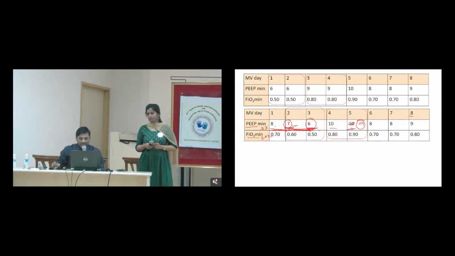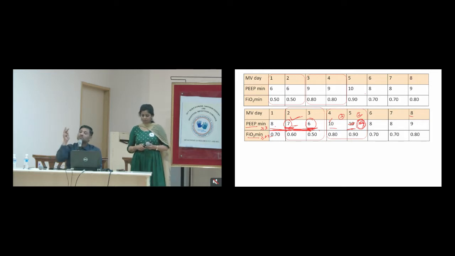But if it is 10 and 9, in such case, the difference between 7 and 10 is 3, so no problem. But the difference between 7 and 9 is only 2. So you should have a jump of 3 or more, and the jump has to be from the highest value of the 2 days of the baseline. Whichever is highest value, from there you should have a jump of 3 or more.